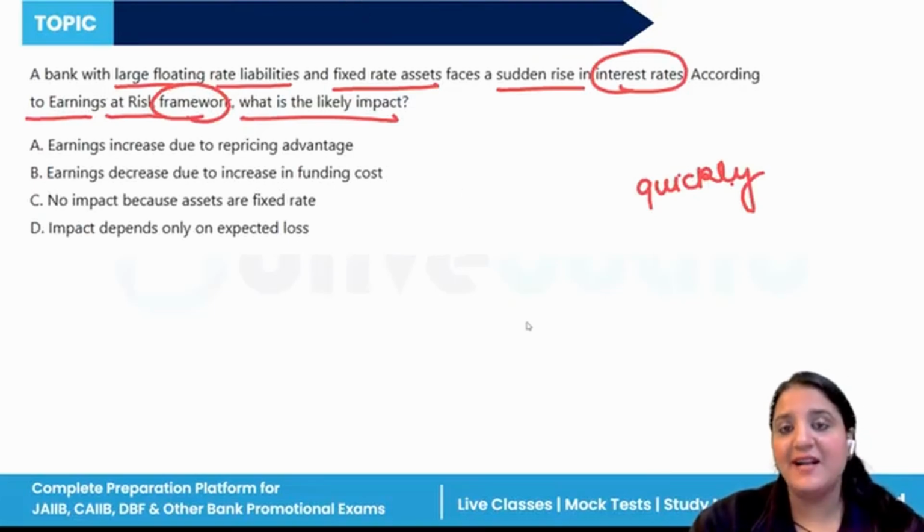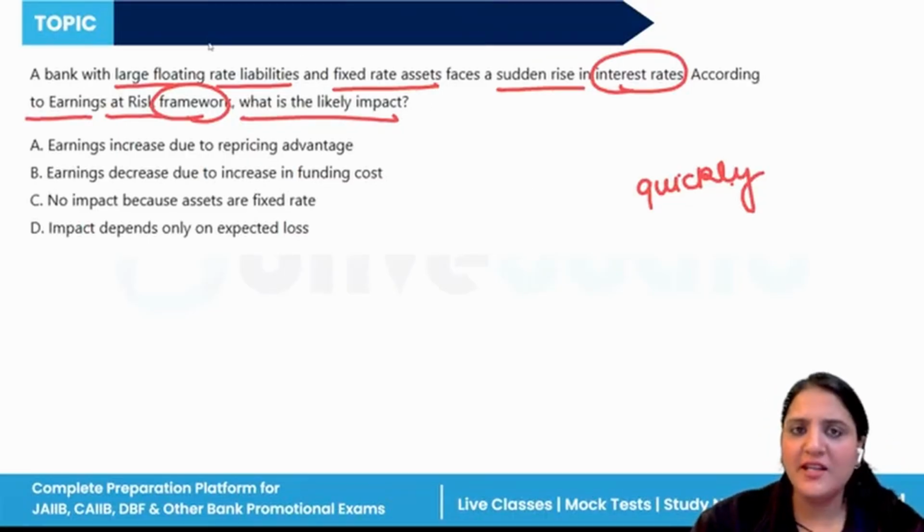So earnings at risk captures the potential fall in the earnings. So what is the meaning of earnings at risk?